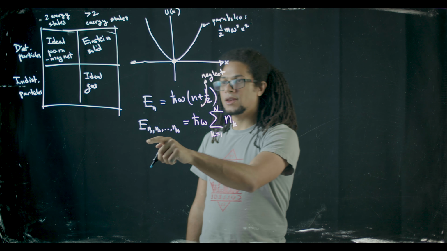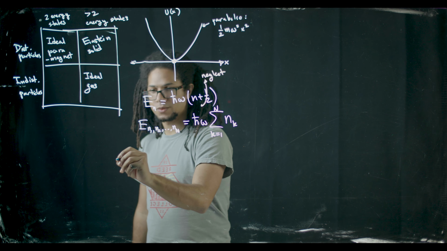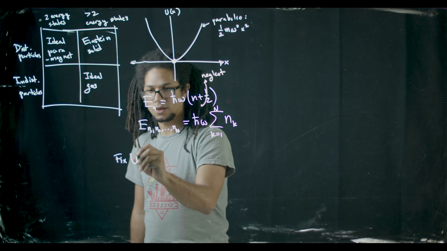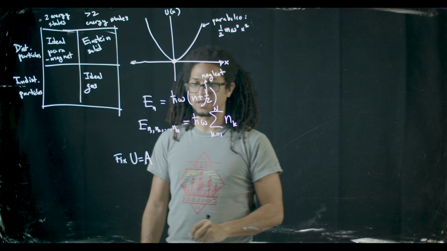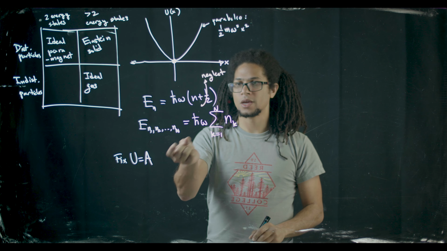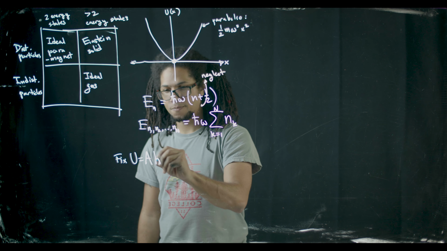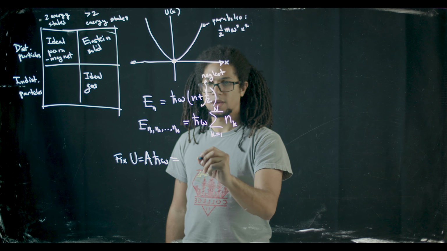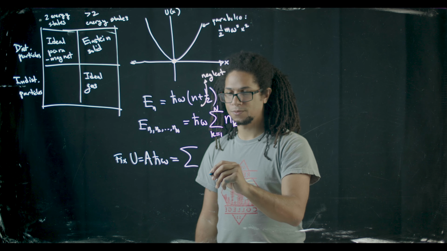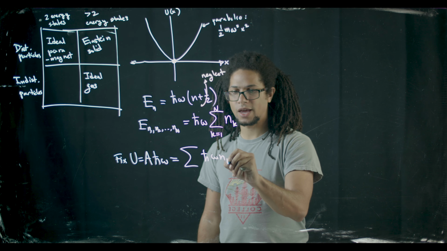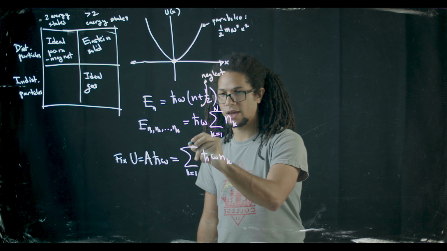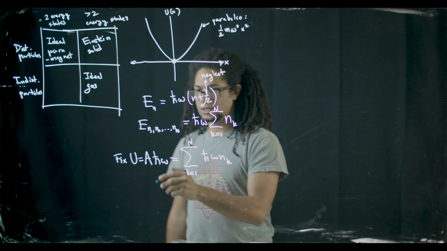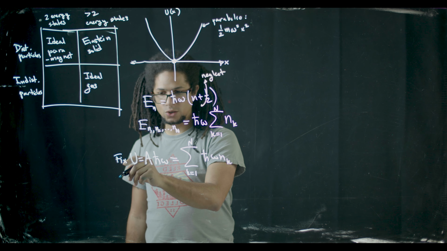Okay, so now if I fix a U, and once again, I'm going to say that that's an integer A times, in this case, h bar omega, and I want this to equal h bar omega times the sum over k of n sub k.